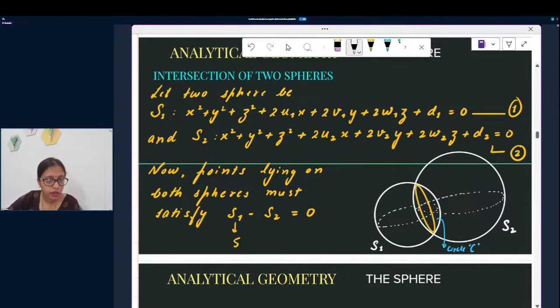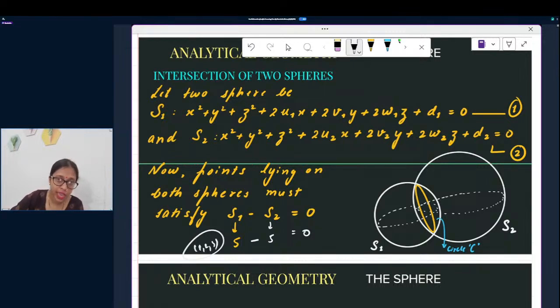Let's say there is a point, 1 comma 2 comma 3, which I substitute here. It's not giving me 0, it's giving me 5. So definitely that is not on sphere 1. If I substitute it in S2, it also gives me 5, so it is not on S2 either. If it is not on S1 and not on S2, definitely it is not on the circle. But it is still satisfying the equation, 5 minus 5 is 0. So the statement is true, but the converse is not true.